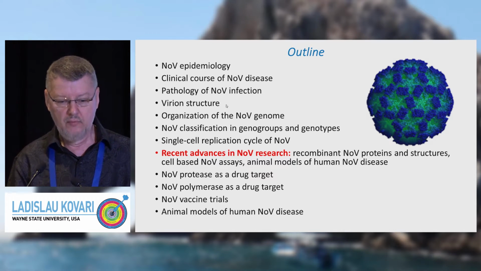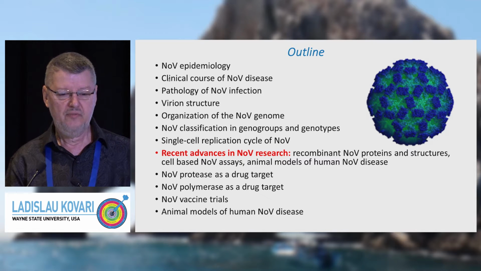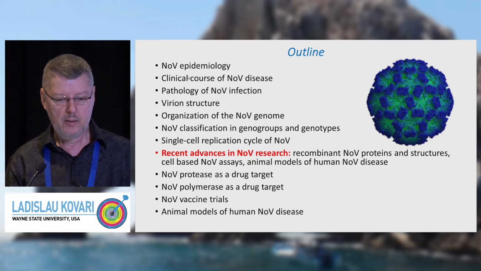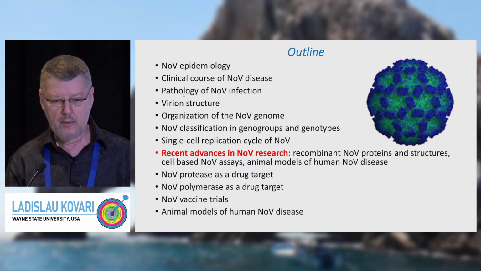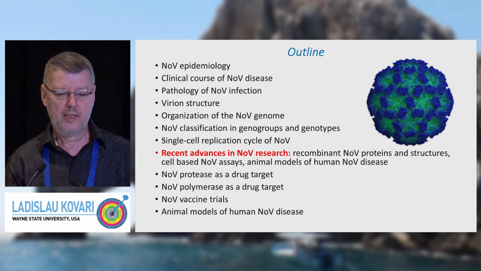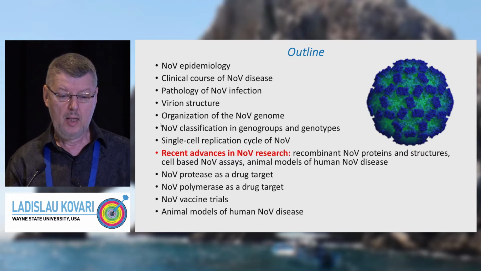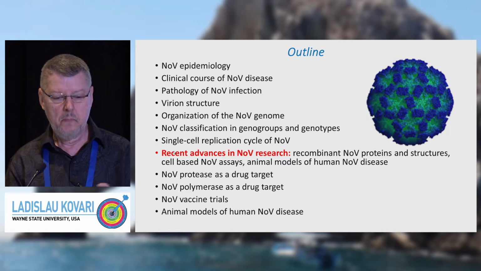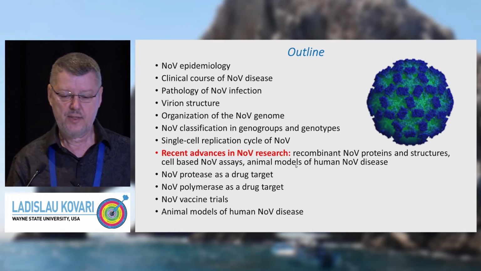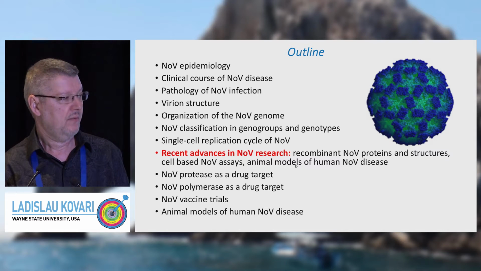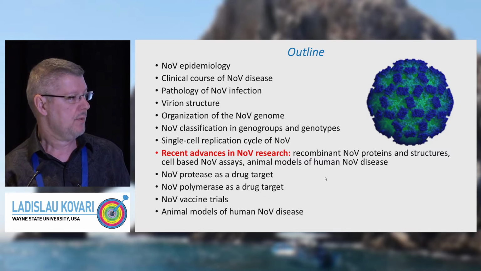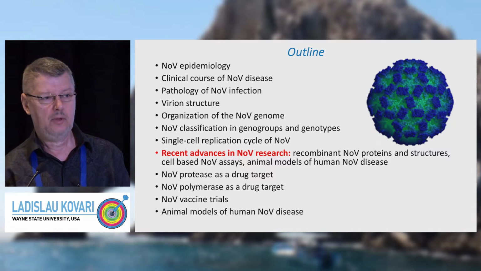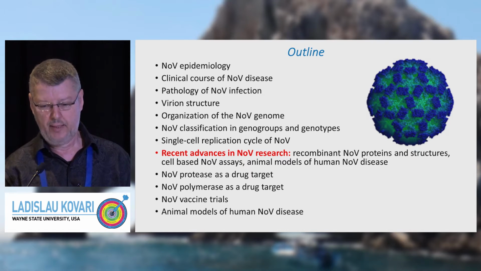First we are going to briefly discuss epidemiology, the clinical course and the pathology, and then some structural and molecular aspects. I'd like to emphasize the recent advances such as recombinant norovirus proteins and structures, cell-based assays, and animal models, which are critical for the development of antivirals and vaccines.